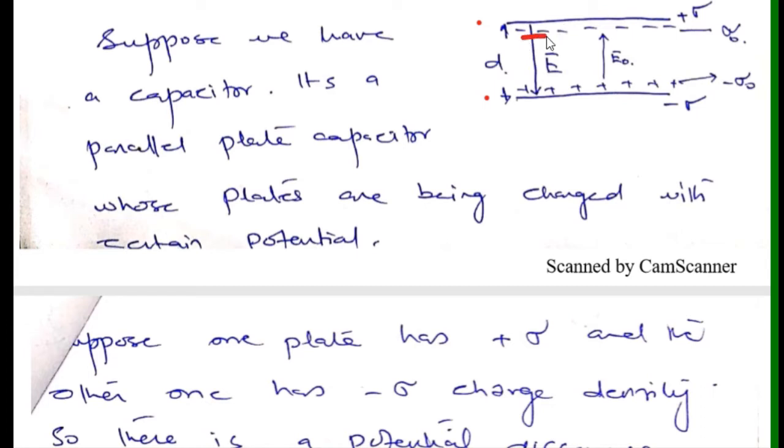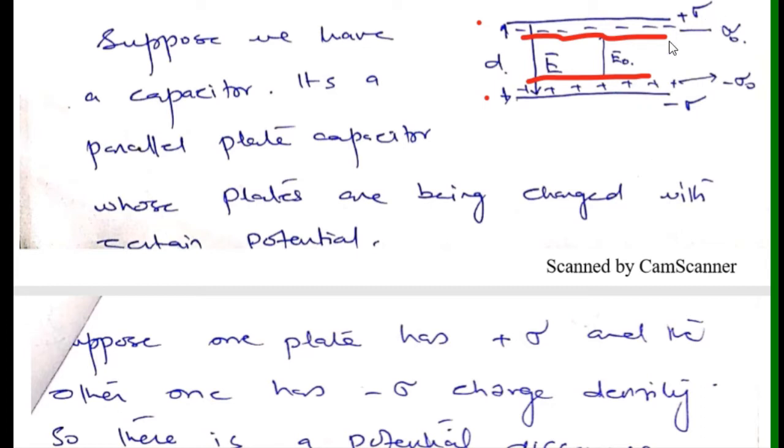This layer of negative charge is for the dielectric I have introduced within the capacitor. So all the negative charges will align towards the positive plate of the capacitor, and all the positive charges will align towards the negative plate of the capacitor.